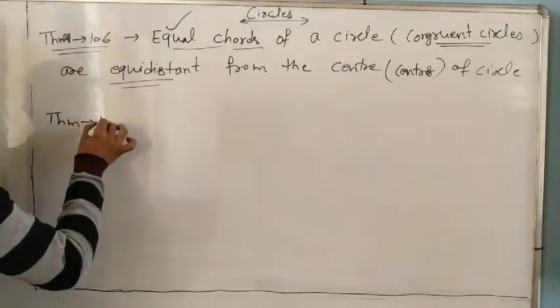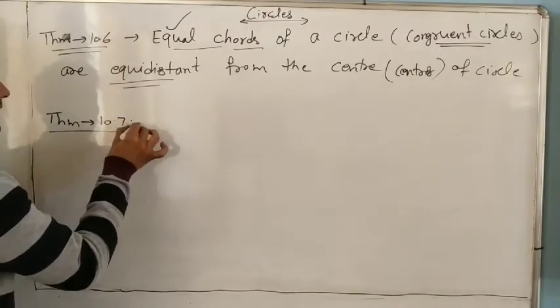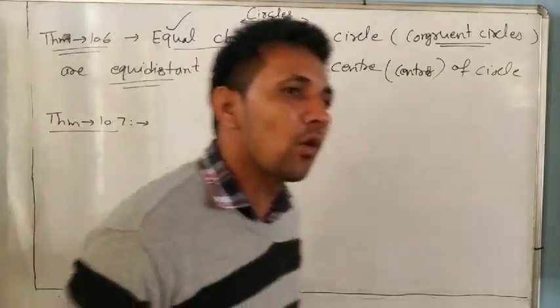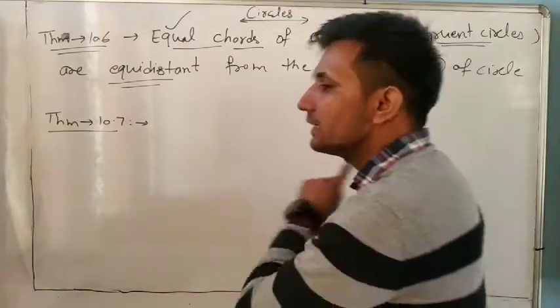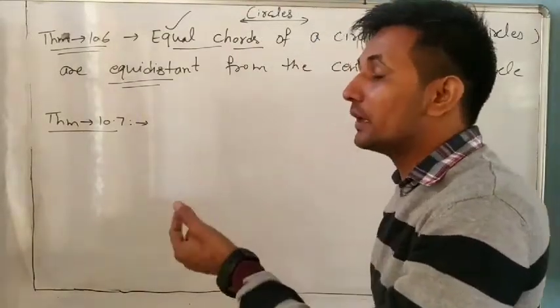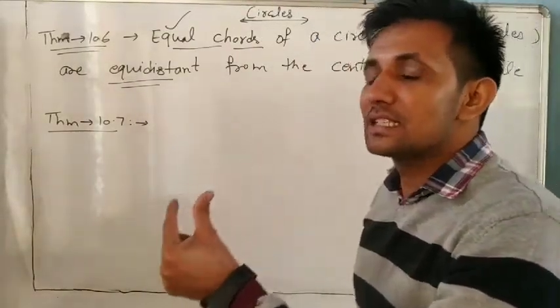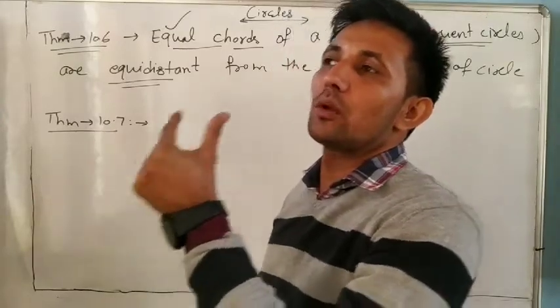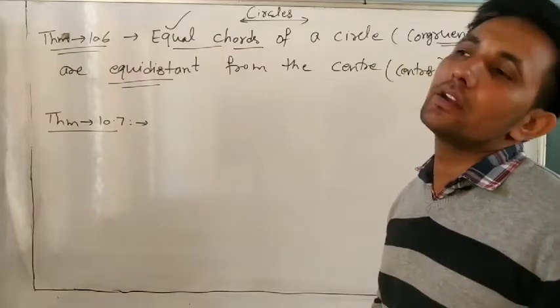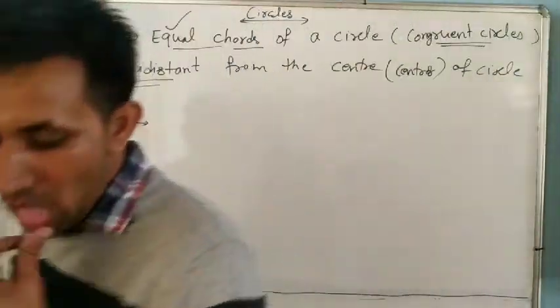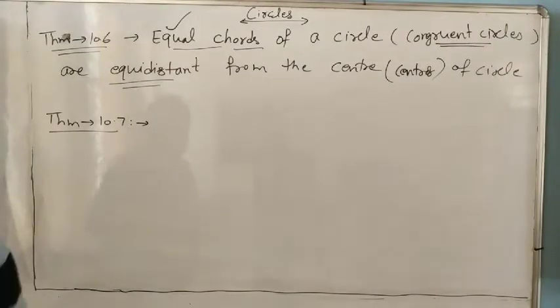Now 10.7. Look at it. In 10.6 it is given that if chords are equal, then they are equidistant from the center. But the opposite of this one: if the distances of two chords from the center are equal, then the chords are also equal. Okay, so note down the next, 10.7.